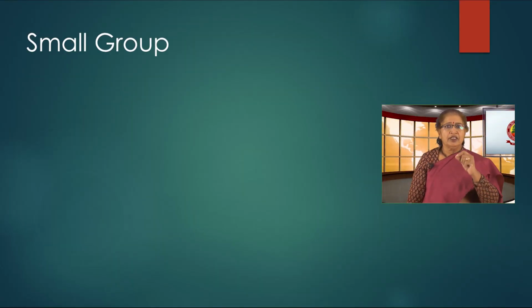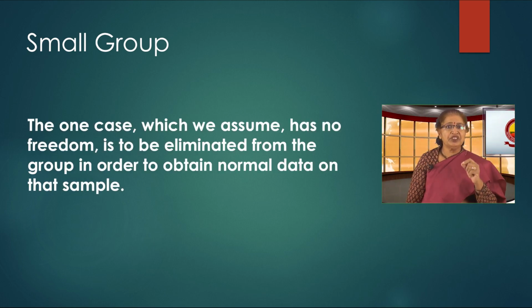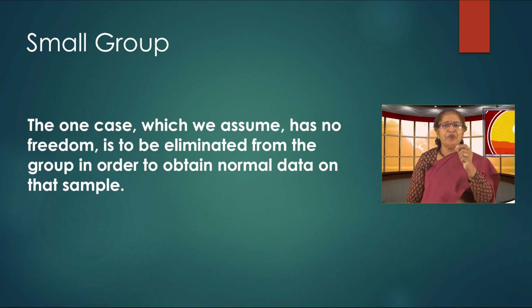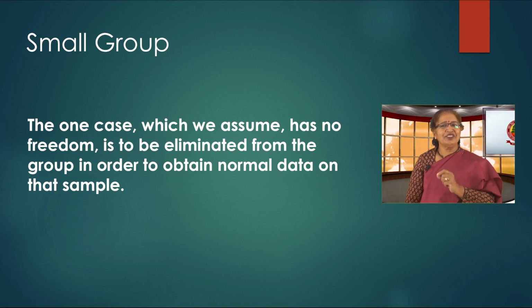Therefore, at this point of discussion, we may realize that in the cases of a small sample, the total number of cases may not be taken into account to get a normal data, which is a foremost requisite of inferential statistics. Hence, in such situations, the one case which we assume has no freedom is to be eliminated from the group in order to obtain normal data on the sample.